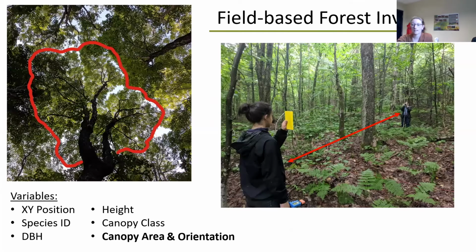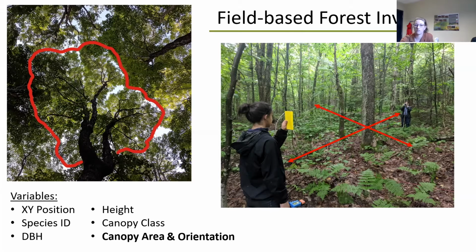In addition to canopy class, we quantified canopy area and the orientation. To do so, we measured the length of the longest axis of the crown canopy. We then measured the length to the trunk, so we could position the canopies in relation to the XY positions we obtained earlier.